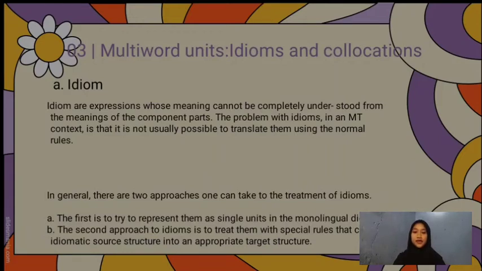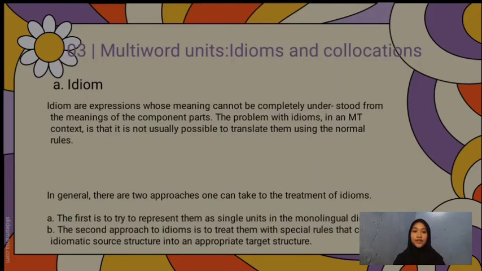Multi-words, idioms and collocations. The first, idioms. Idioms are expressions whose meaning cannot be completely understood from the meanings of the component parts. The problem with idioms is that it is not usually possible to translate them using the normal rules.